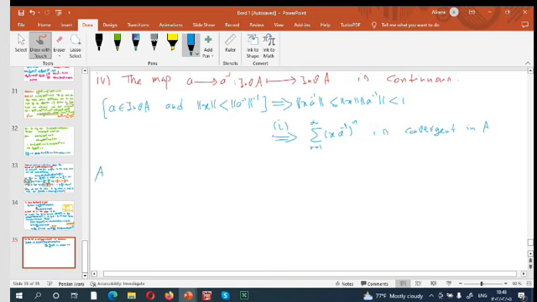Also, the inverse of this is an element of this set, and the inverse of this element equals the inverse of A plus the inverse of A multiplied by this series.